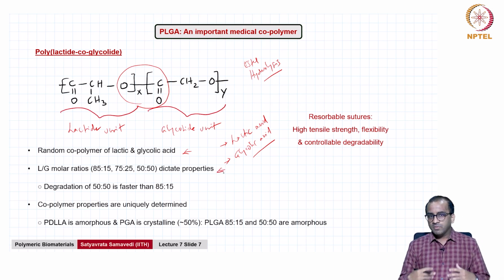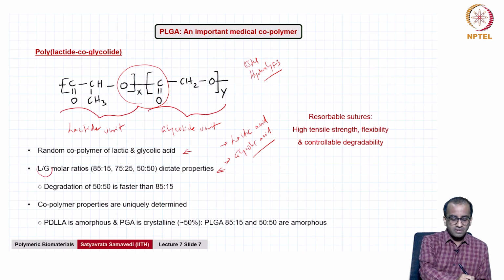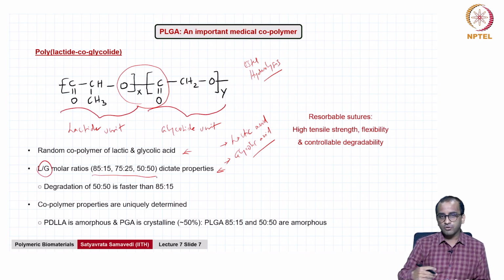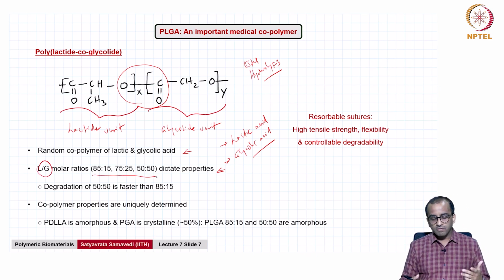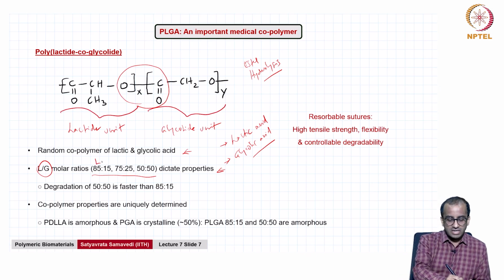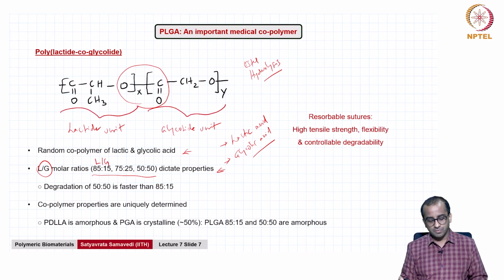As far as the copolymer itself is concerned, you will find different varieties of PLGA. If you just look up PLGA, you will find 85-15, 75-25, 50-50, these are different types of PLGAs. What the numbers simply indicate is the lactide to glycolide ratios.